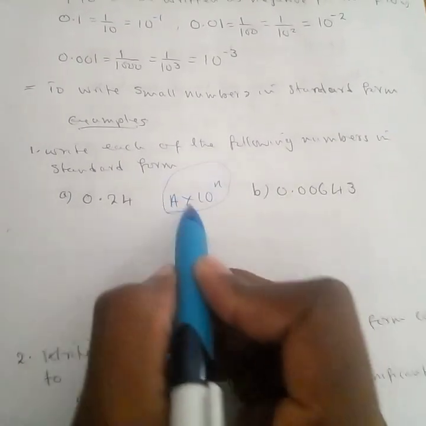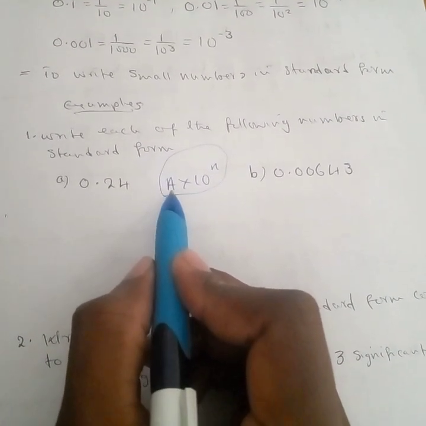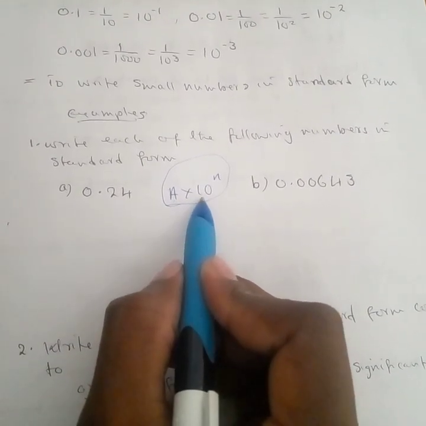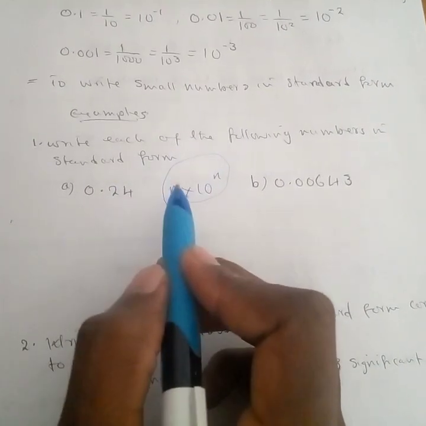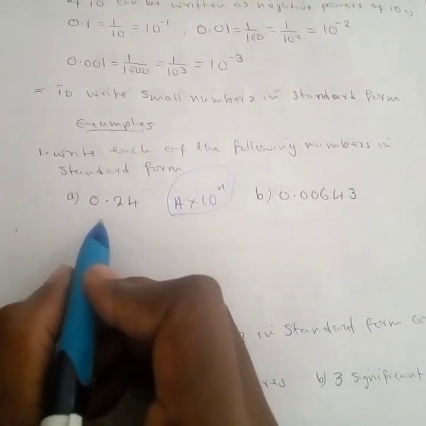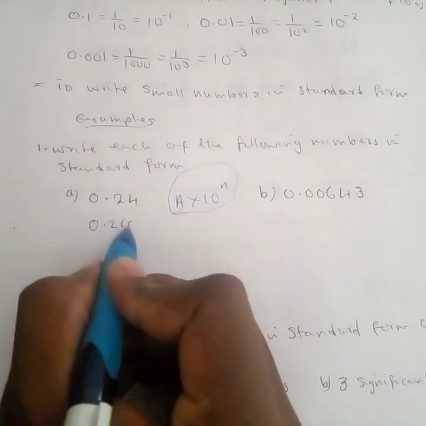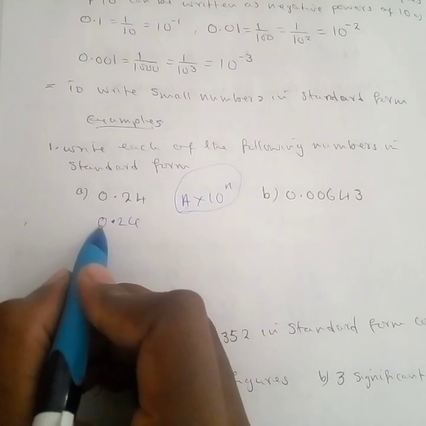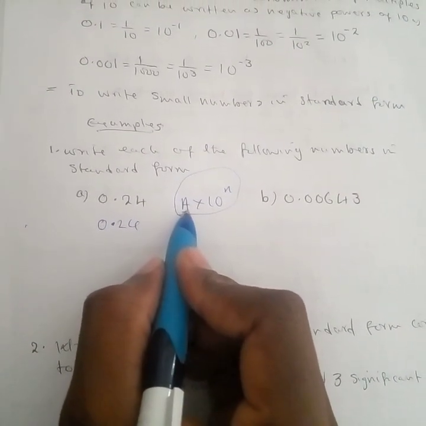This is what we know about standard form. This number which is here is equal to 1 or greater than 1 but less than 10. And this n simply stands for the number of times I moved the decimal point.